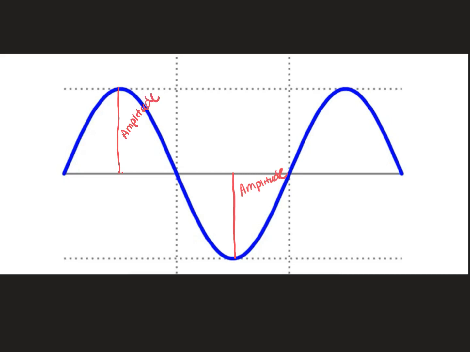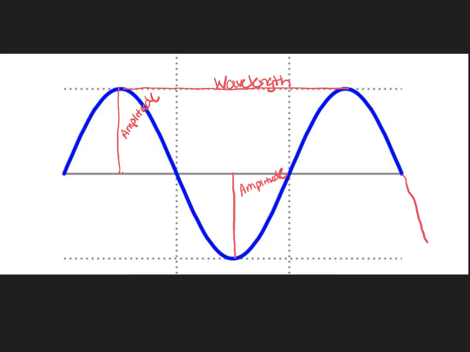The length of the wave, or the wavelength, is from the highest point to the highest point. And again, this is how we measure the length of the wave.